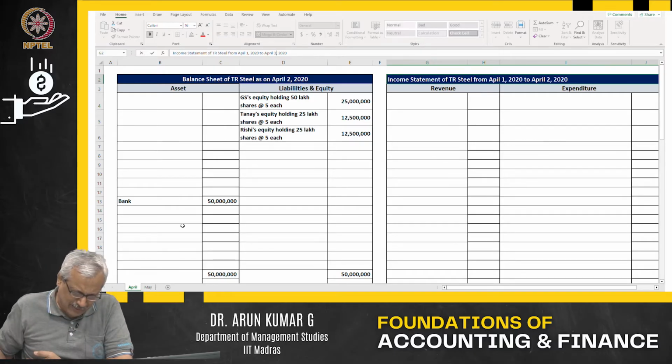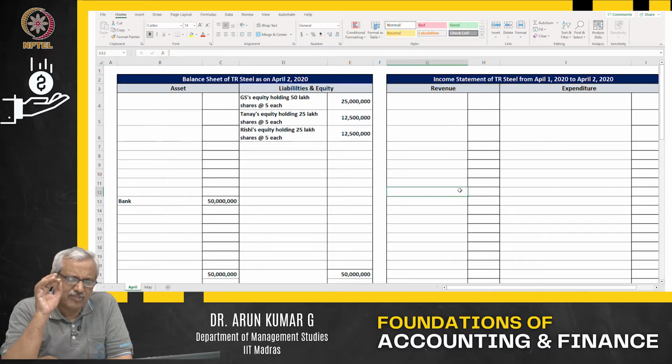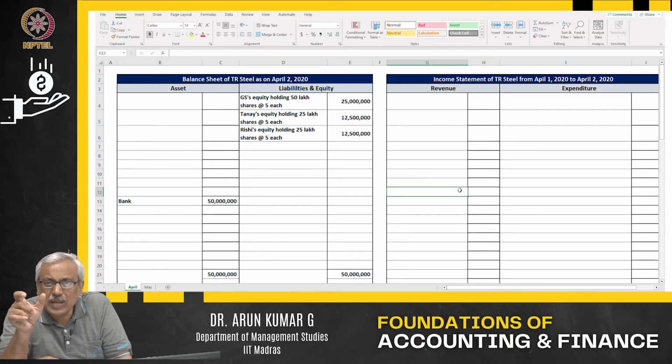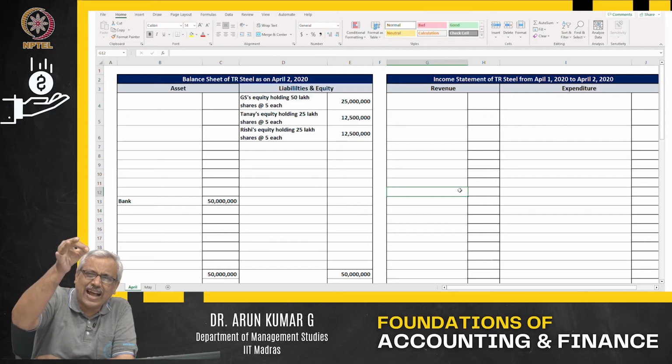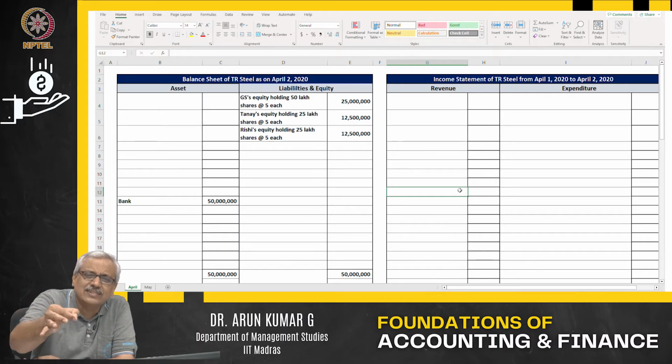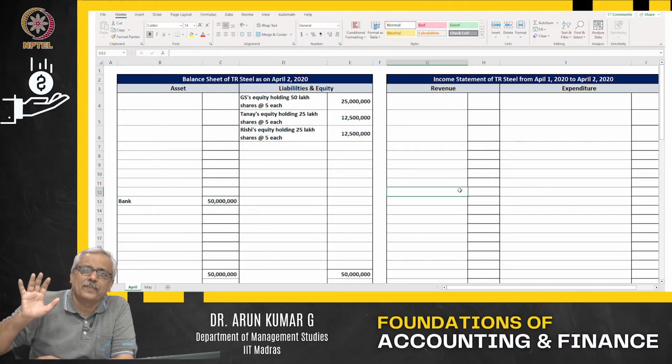My income statement is from 1st April to 2nd April, a 2-day period. The balance sheet is as on a particular date. The income statement is for a specified time period.